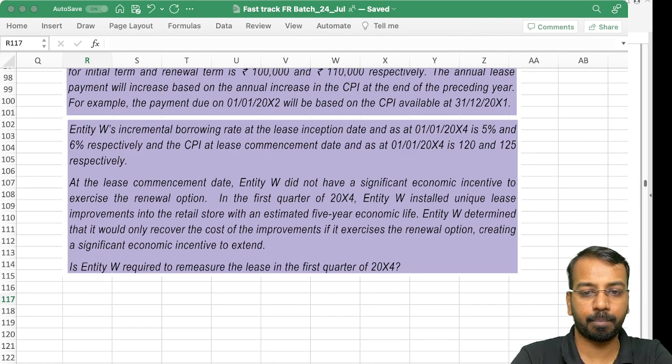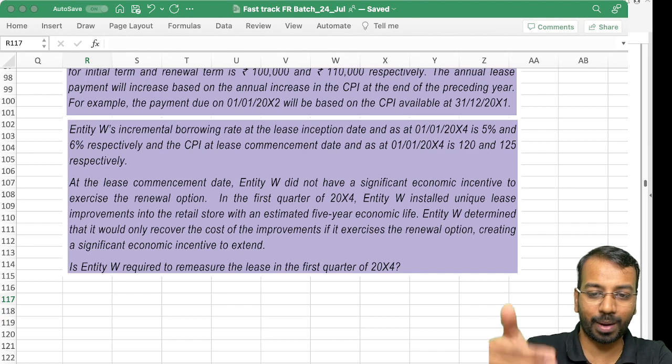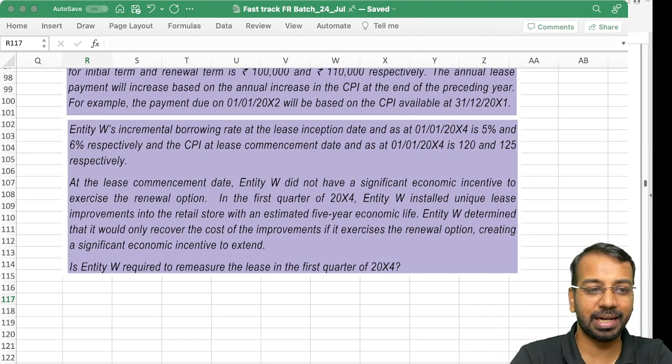This will be better. If any of you are finding difficulty in reading the numbers, please let me know so that I can adjust the screen size accordingly. This is based on my screen, I am able to see it. If you feel that you are not able to see it clearly, please feel free to ask me so that I'll adjust it accordingly.